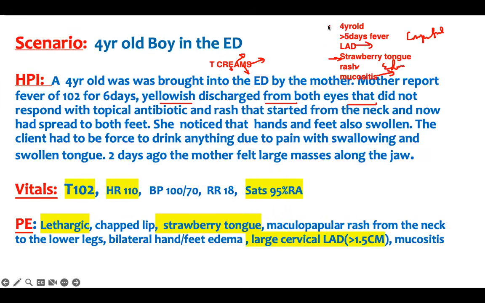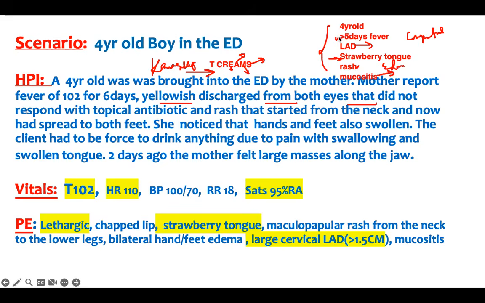What is T cream? If you watch my videos, this is Kawasaki disease. This is Kawasaki. You should have fever for more than 5 days.